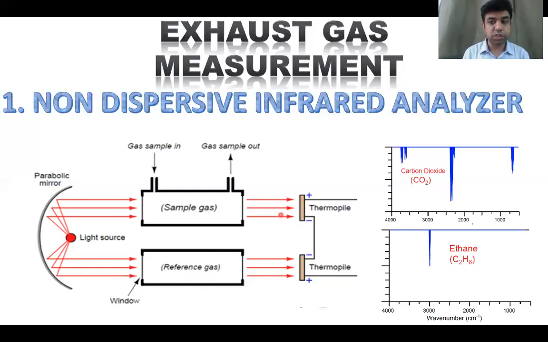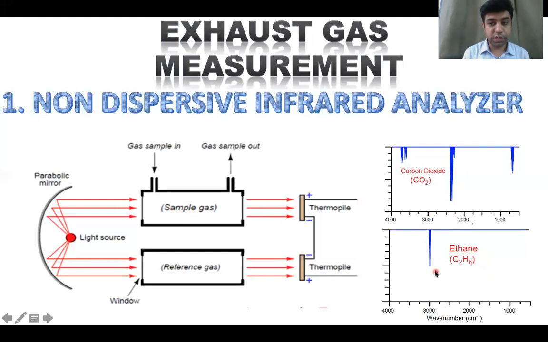But the question will arise: how do we know that only carbon dioxide has absorbed the infrared light? What if NOx has absorbed the light? But every gas absorbs light of a different wave number. Say for example, carbon dioxide absorbs the infrared light maximum when the wave number is in between this range, right?